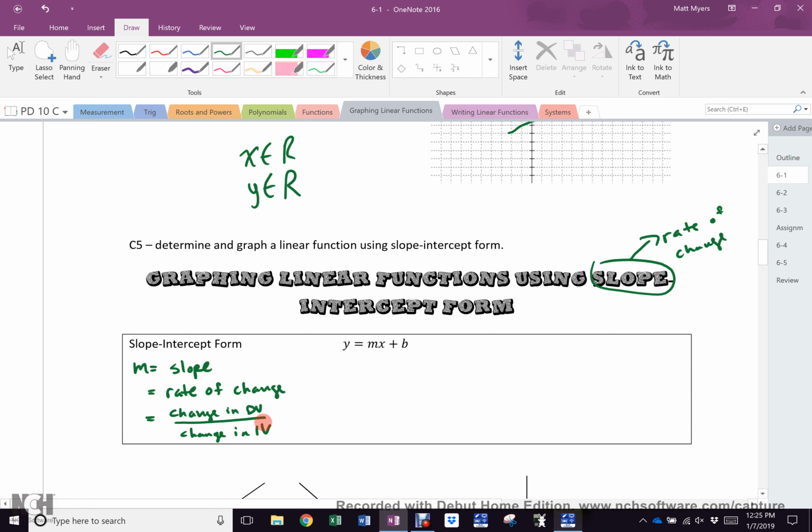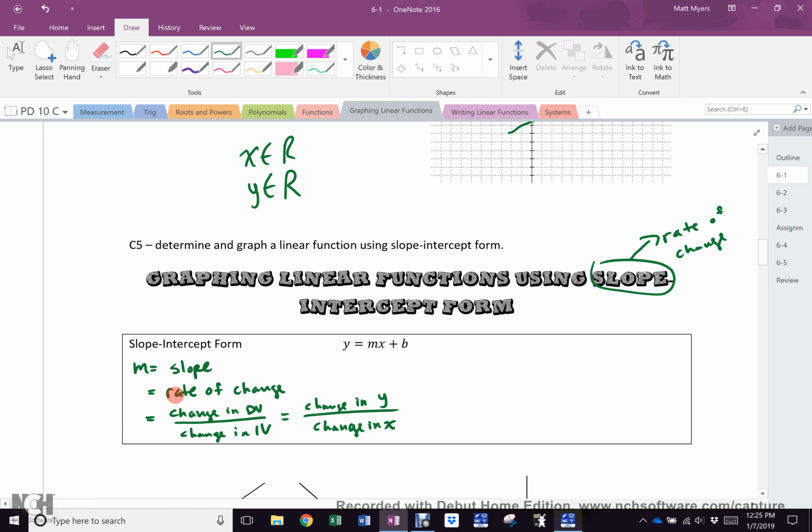But we no longer have DVs and IVs, do we? Because we are not talking about a specific case. We are talking about all the time. So the DV and IV becomes the change in Y divided by the change in X. Everybody cool?